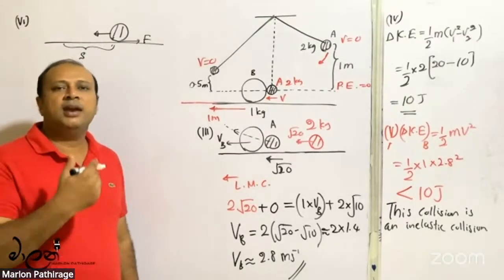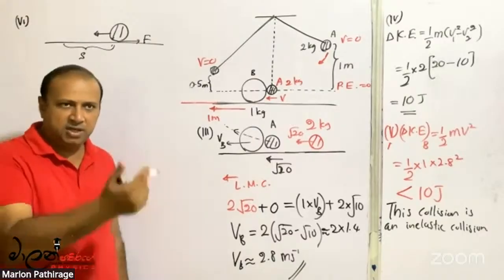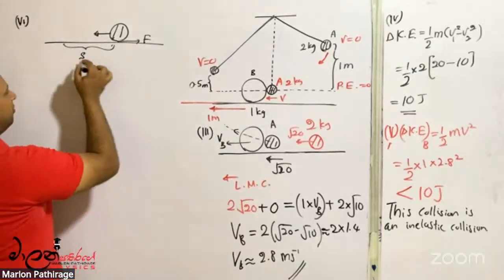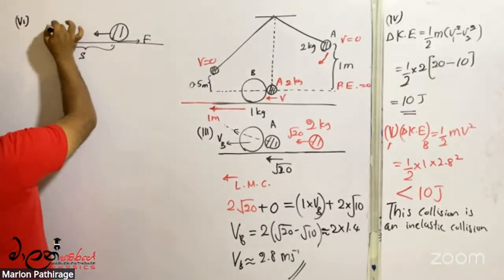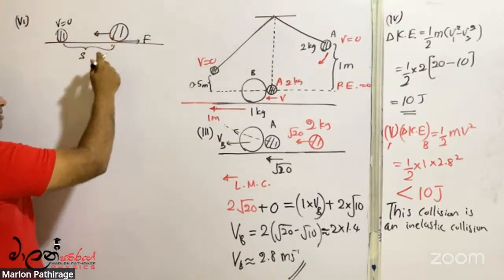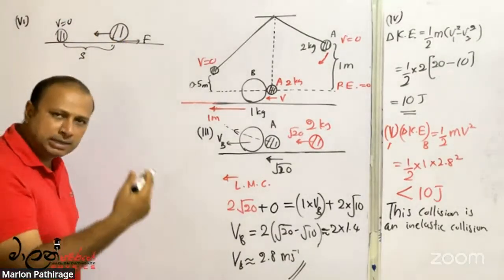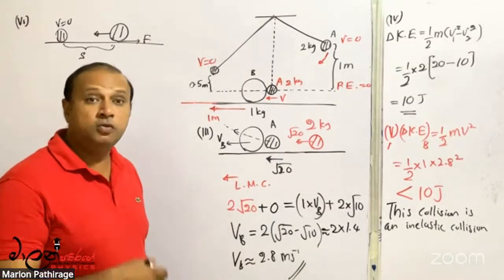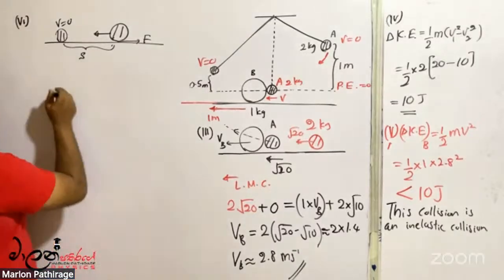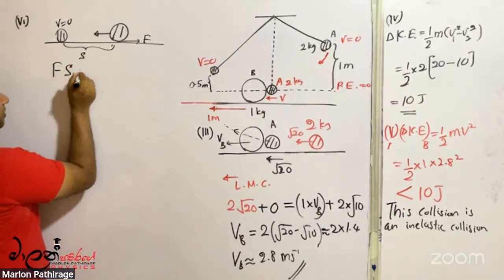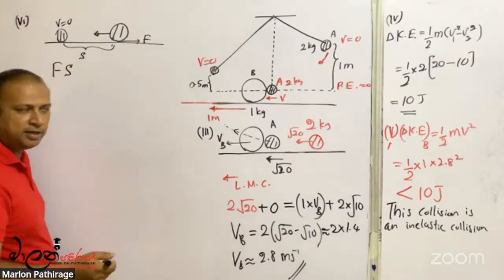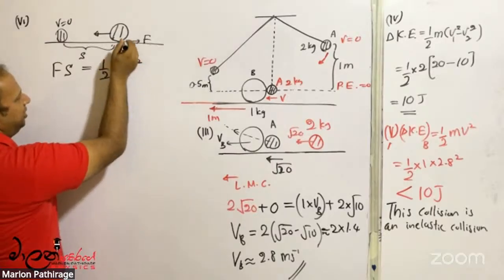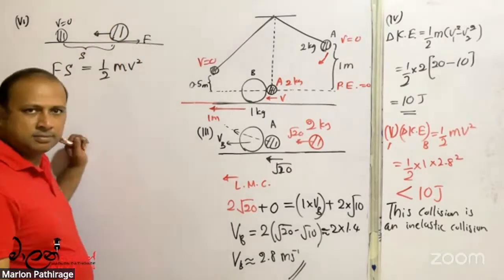When the object comes to rest, its kinetic energy is fully consumed to do work against friction. So work done against friction should be equal to the initial kinetic energy of object B.